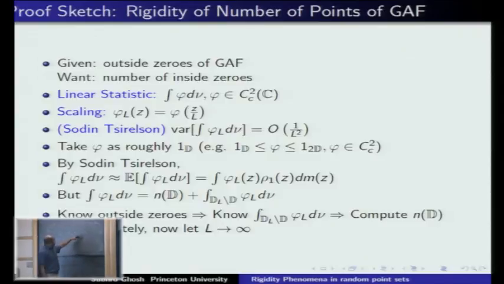And then it's a technical matter to show that the covariance between distinct Li and Lj, if for example they are chosen at this scale, goes to 0 as Lj over Li goes to infinity.